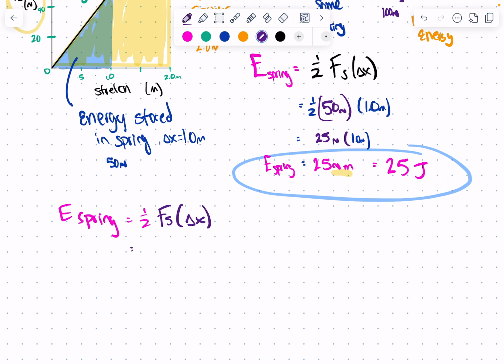We said it took 100 newtons to stretch the spring 2.0 meters. That leaves us 1/2 times 100 newtons times 2.0 meters, or 100 newton meters, or 100 joules.